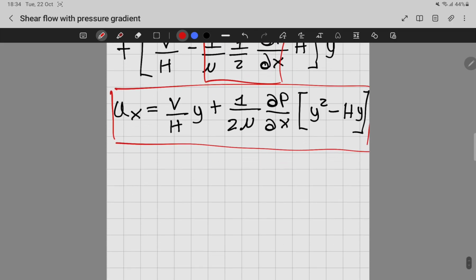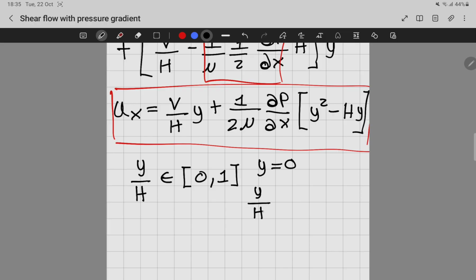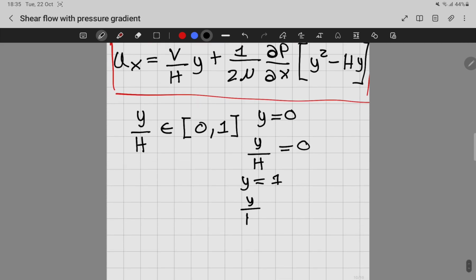So let me just do some very quick definition of a variable. So let's define this variable, y over h, which is going to be within the domain 0 to 1. So when y is equal to 0, y over h is going to be equal to 0, but when y is equal to h, y over h is going to be equal to 1. So this is why it's defined here.